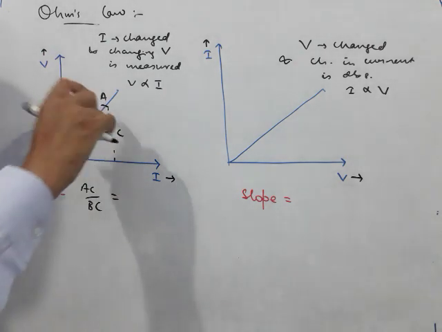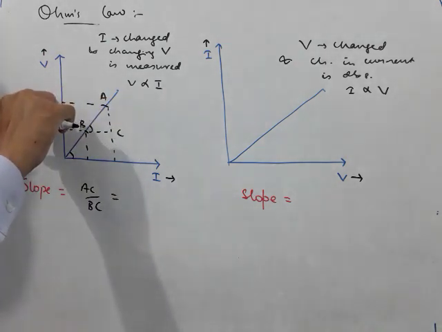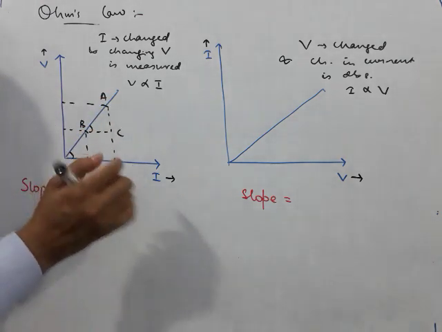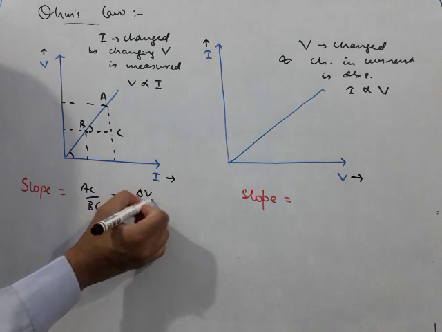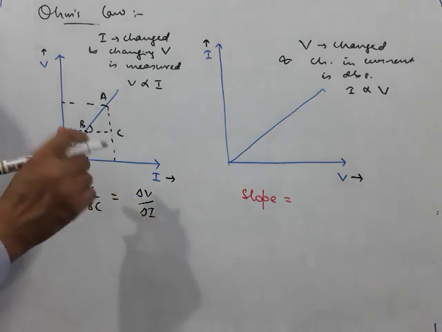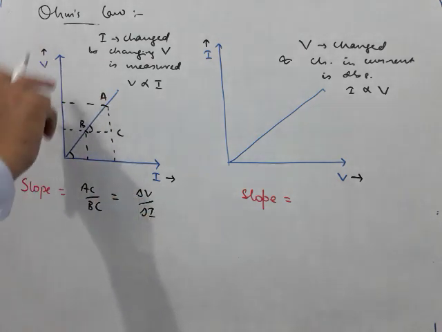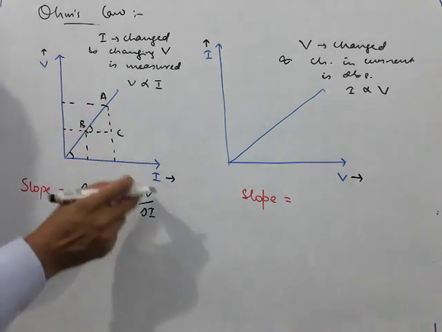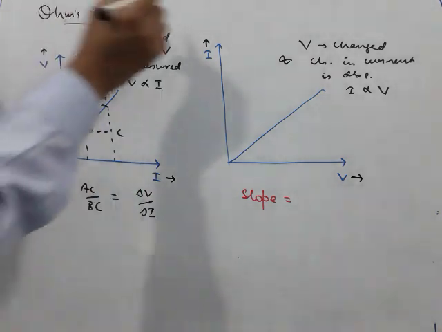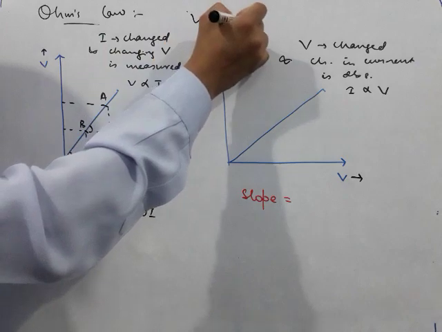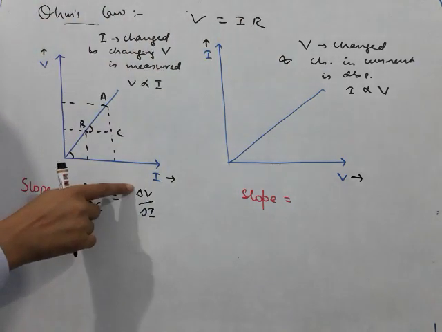Now AC measures the change in potential, it is potential difference. And BC measures change in current. So it is delta V upon delta I. See, AC represents voltage, you can remember. BC represents current, you can remember. Now Ohm's law says V is equal to IR. So what is our V by I?